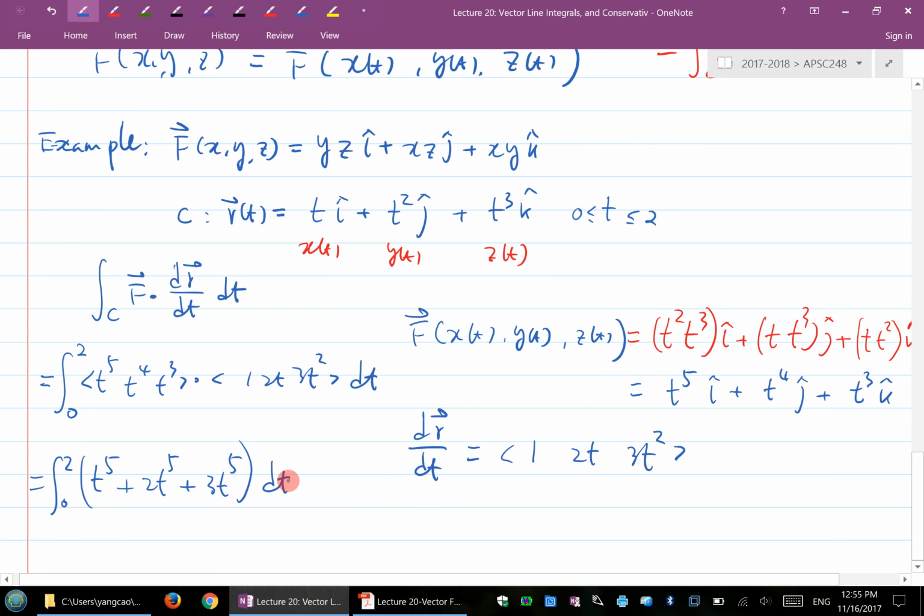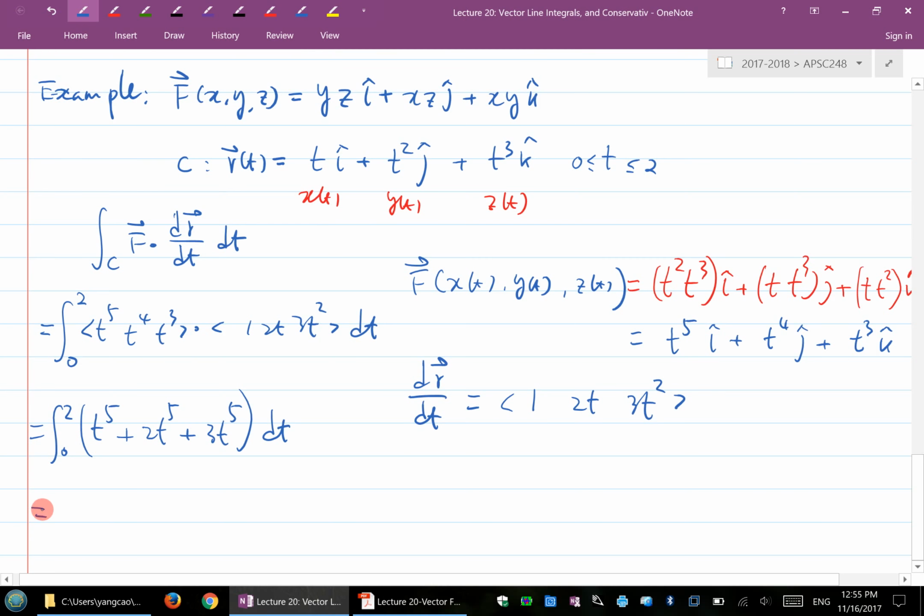Altogether 6t to the power 5, and you can integrate that easily, so you get 64. So that's the result of this simple line integral. And you can interpret it differently: this is the total work done by this force field F along the curve C, which gives us 64 Newton meters or something like that.